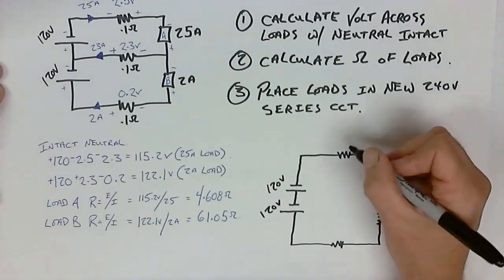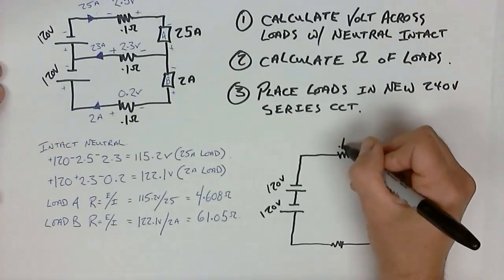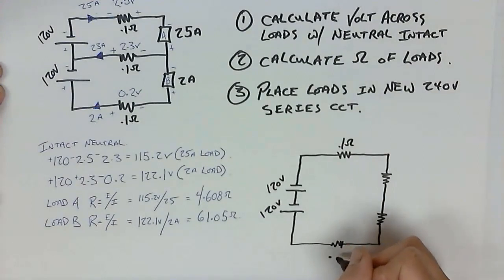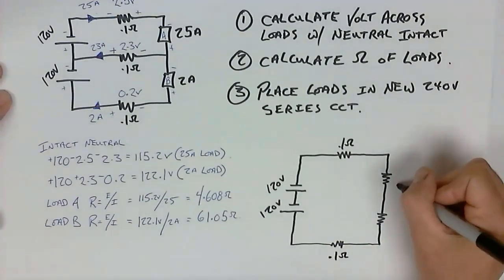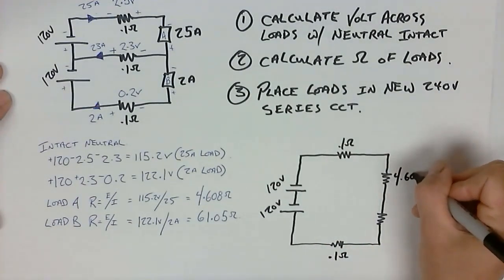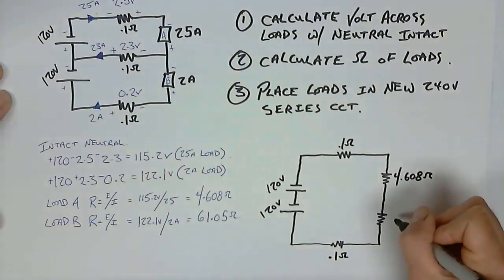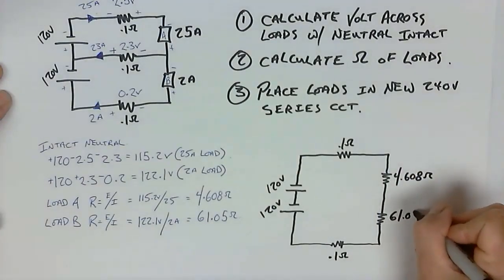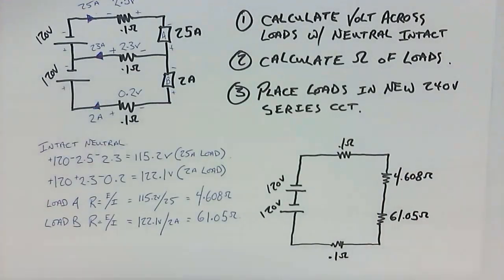The resistance value we have is 0.1 of an ohm, 0.1 of an ohm, 4.608 ohms and 61.05 ohms. At this point, it's a series circuit.